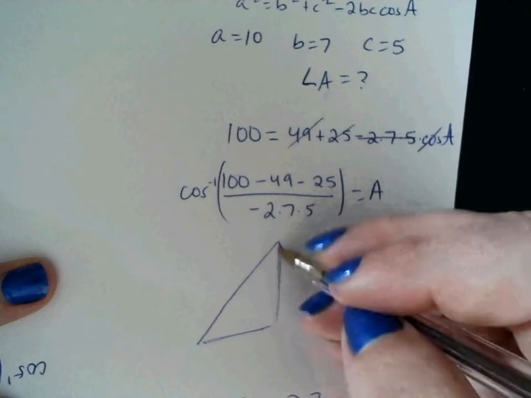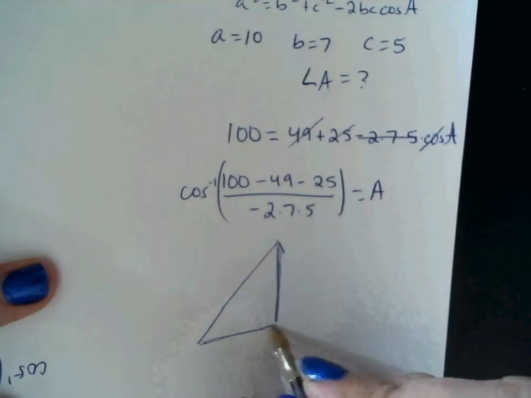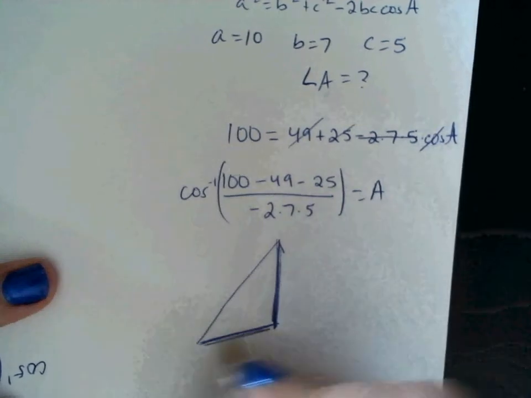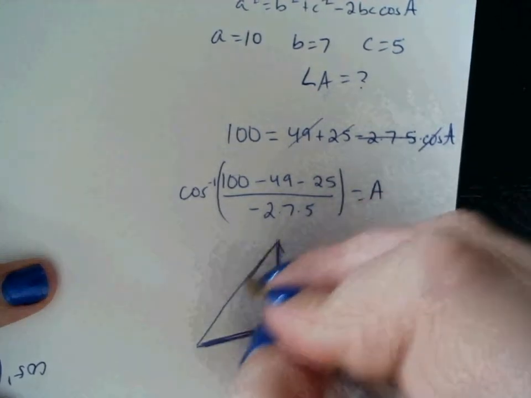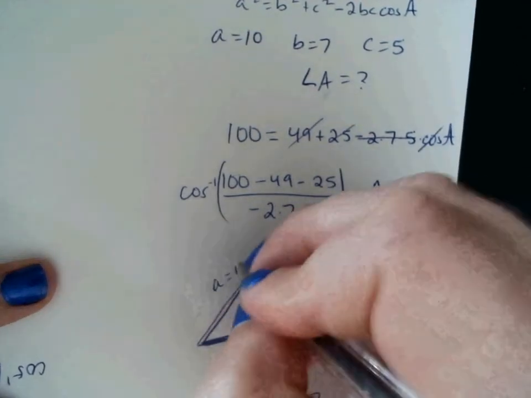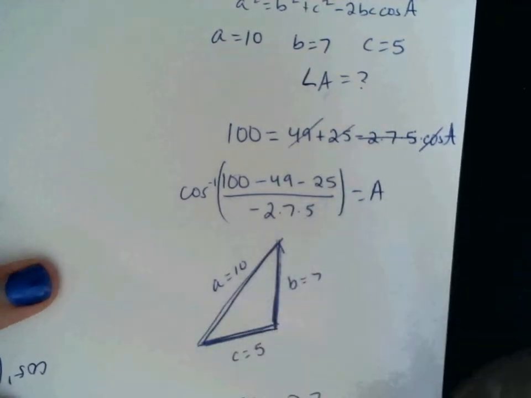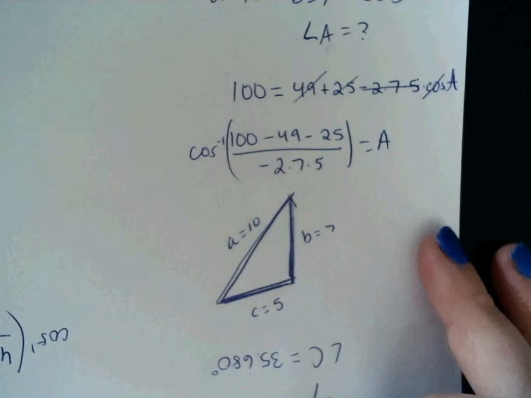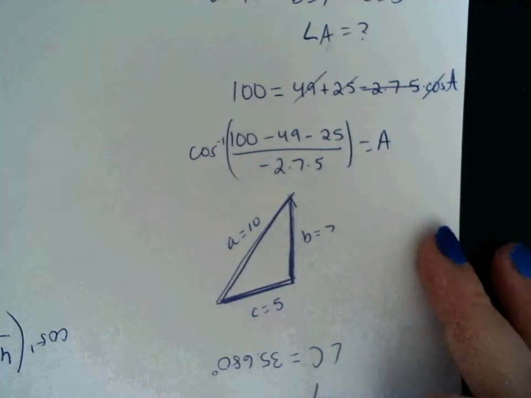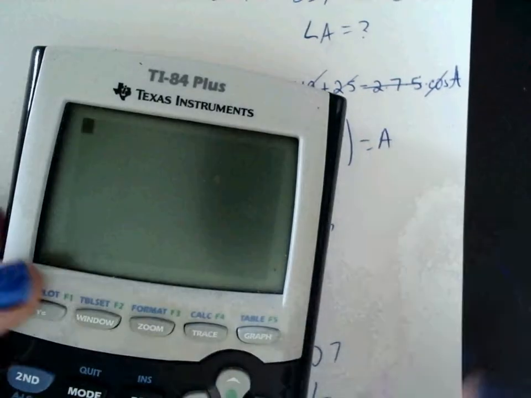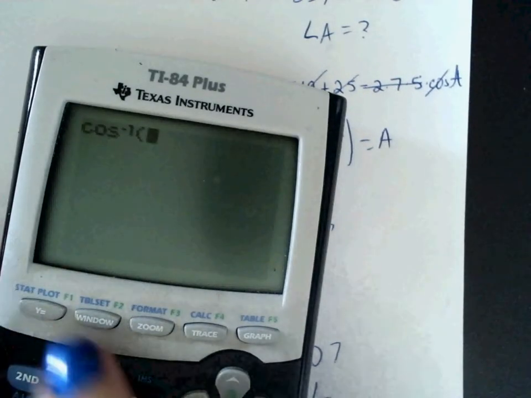This 5, half that length, and then 7. Yeah? That looks like it could be it. So this is supposed to be A equals 10, B equals 7, and C equals 5, just as a visualization. So I definitely should have a larger angle considering I'm dealing with the largest side.